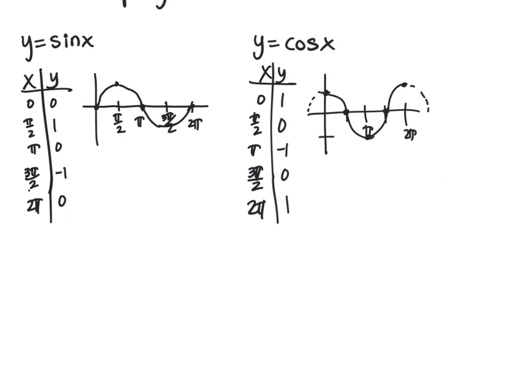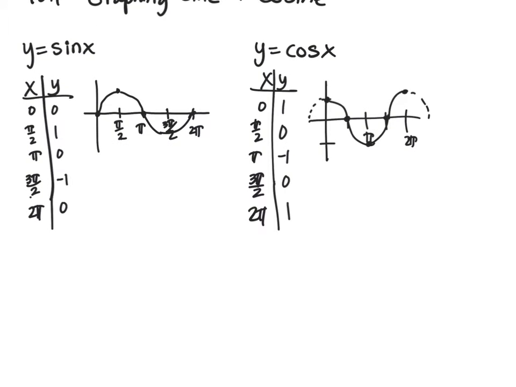So if we look at this as our parent function and we know this pattern, then we can pretty much do any of them that have this form. So I'm going to put y equals a sine, and I'm going to put it all out there for you, bx minus c, and you could use c or h, it really doesn't matter what letter, plus d. This is the one that I had seen before.